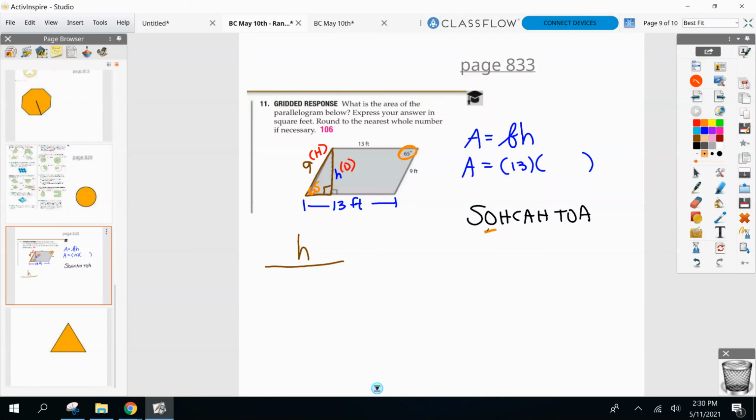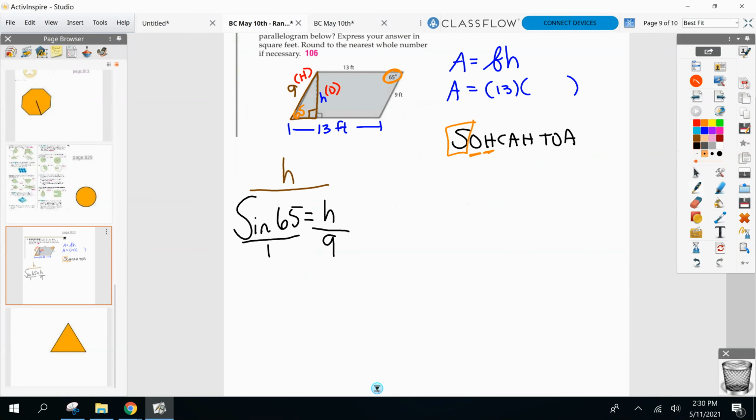I have O and I have H, so I'm going to use sine ratio. So the sine of 65 is equal to opposite side H over hypotenuse 9. Opposite over hypotenuse. I'm going to put this over 1 to remind me I need to cross multiply.